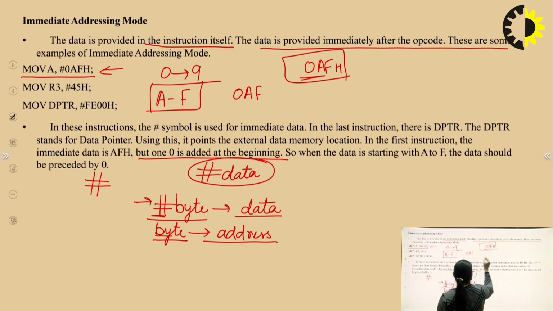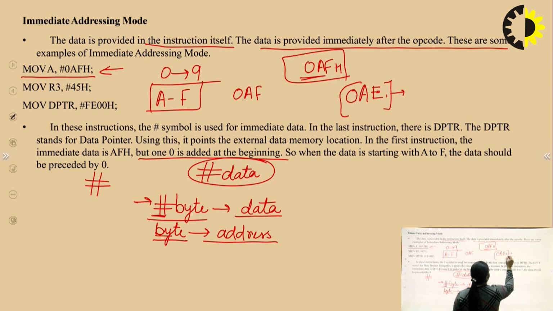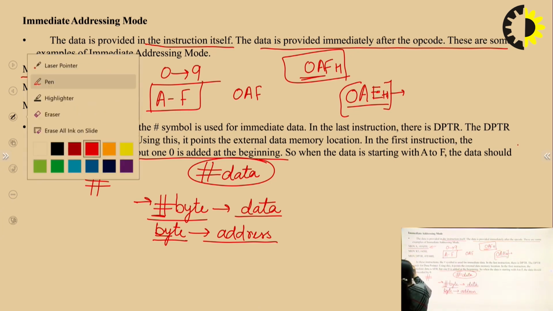So if I have to write hexadecimal number AE, A is 10 and E is 15, so before that we will use a 0. It will be like #0AEH. Next, here is another example.